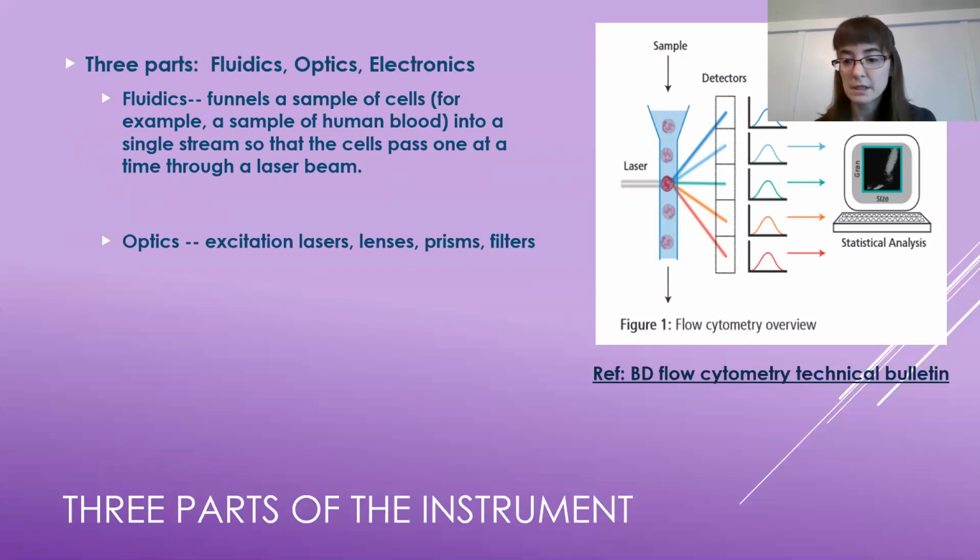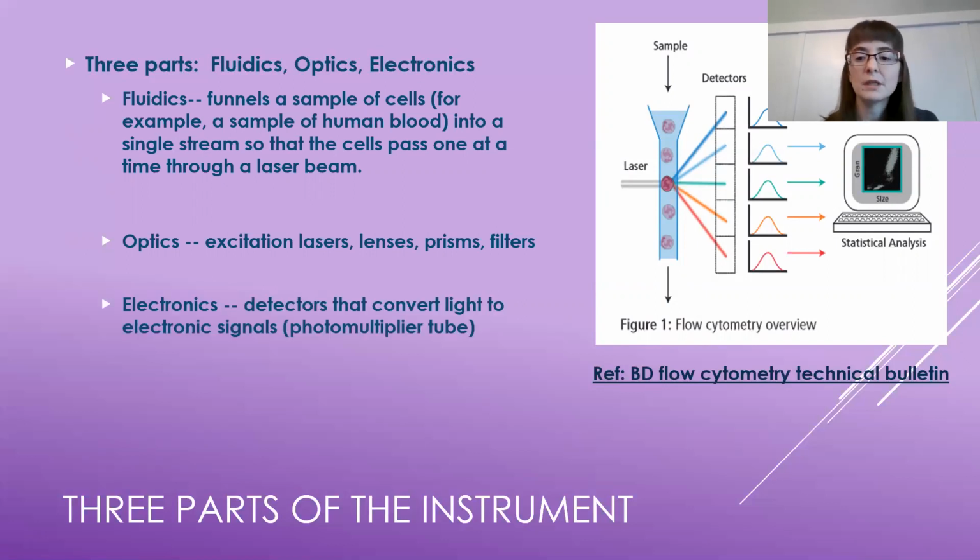There's another whole system, which is the optics. In this simple diagram, it's been shown as a laser, and then we can detect different fluorescent wavelengths of emission by using different detectors or different filters. But often flow cytometers have multiple lasers coming in with quite a lot going on in the optical system.